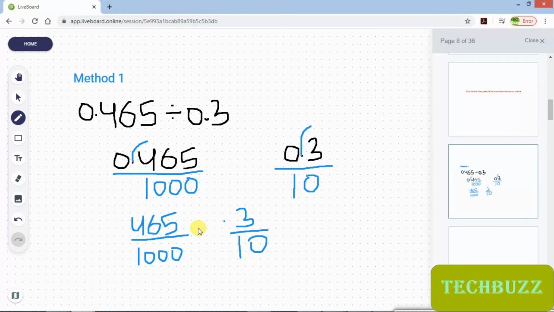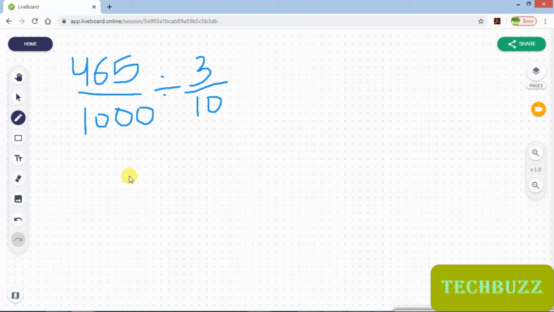Now we put the division symbol between these two numbers. Now as we know, how do we divide fractions? If you don't know, look very carefully at what we do when we divide fractions. For dividing a fraction, we take the reciprocal of the fraction written after the division symbol.